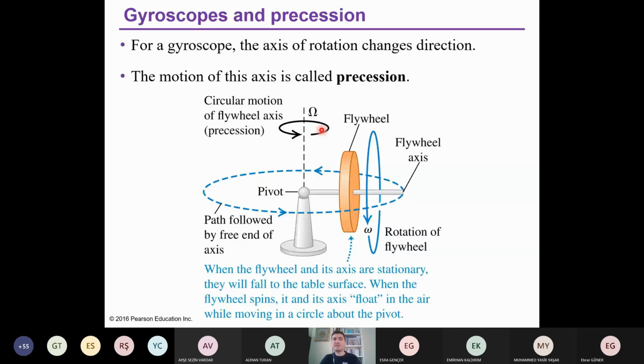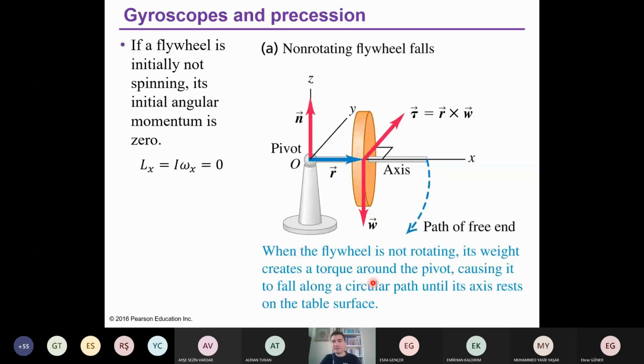Then let's investigate. At the beginning, the flywheel is at rest. If a flywheel is initially not spinning, its angular momentum is 0. Look at this one. This is the rotation axis of the flywheel, but it is not rotating, it is stationary. This is the x-axis, this is the y-axis, this is the z-axis.